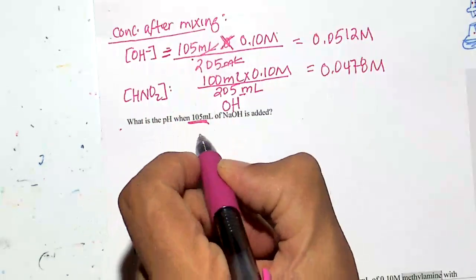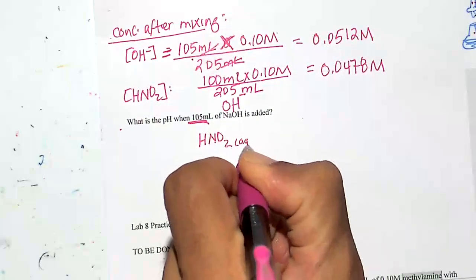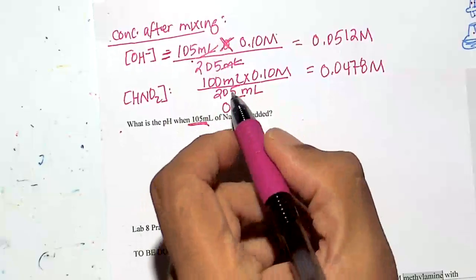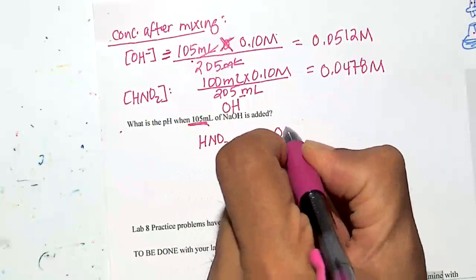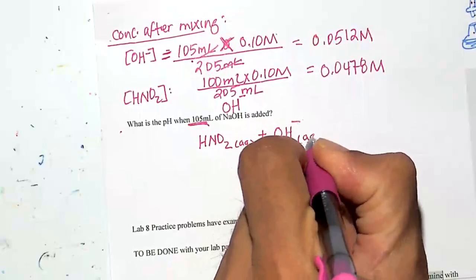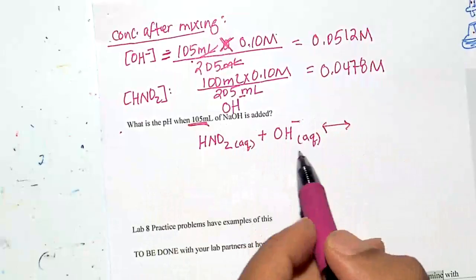All right, so what is the equation here? Okay, so HNO2, NaOH is a strong base, so OH minus. Okay, this is in an equilibrium.